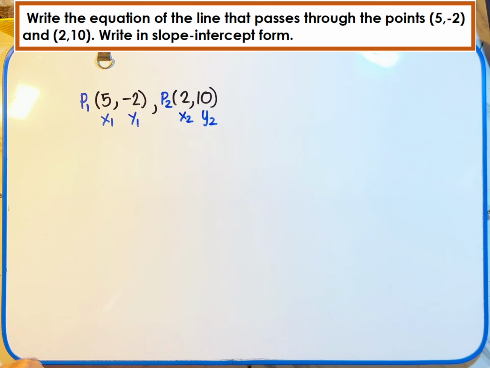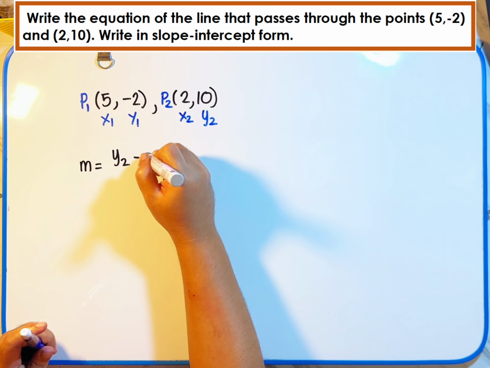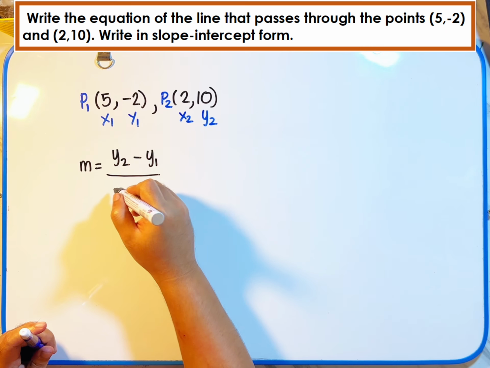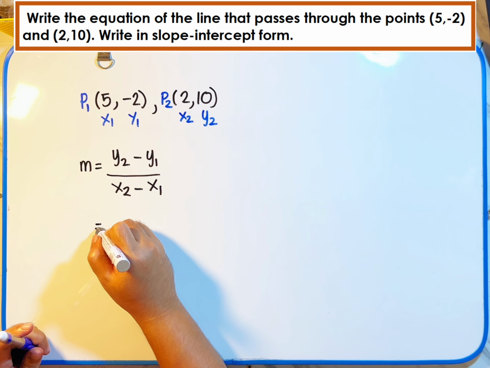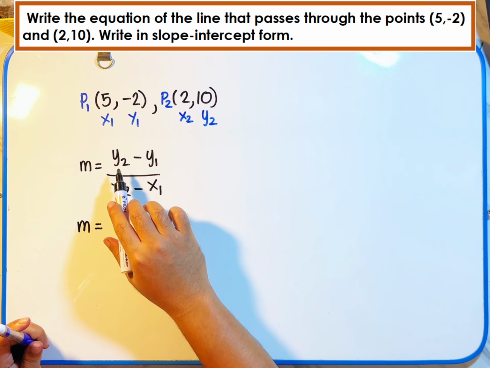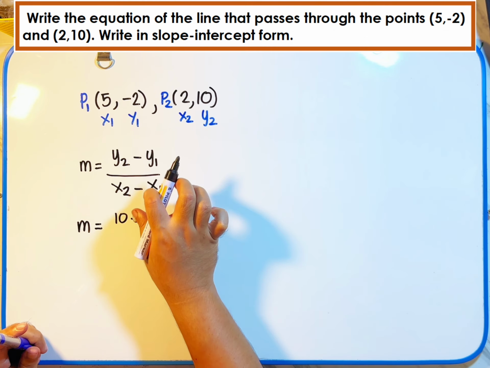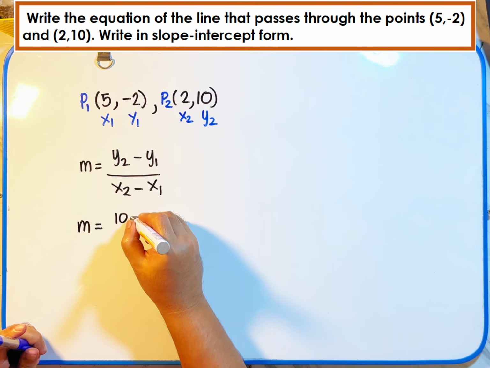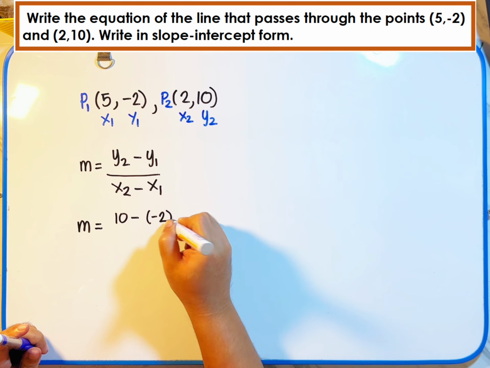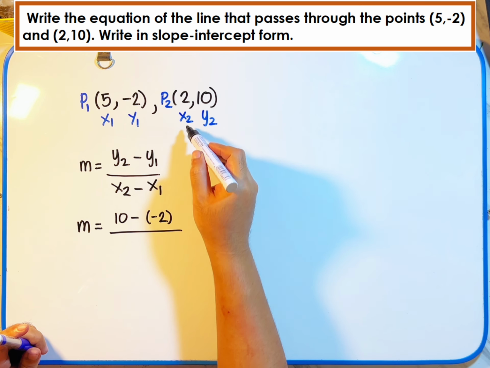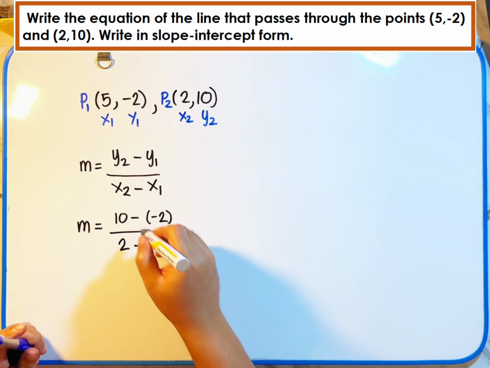And recall the formula for the slope. m is equal to y sub 2 minus y sub 1 divided by x2 minus x1. And then we have to substitute. y2 is equal to 10 minus y1, which is negative 2, divided by x2, which is 2, minus x1, that is 5.